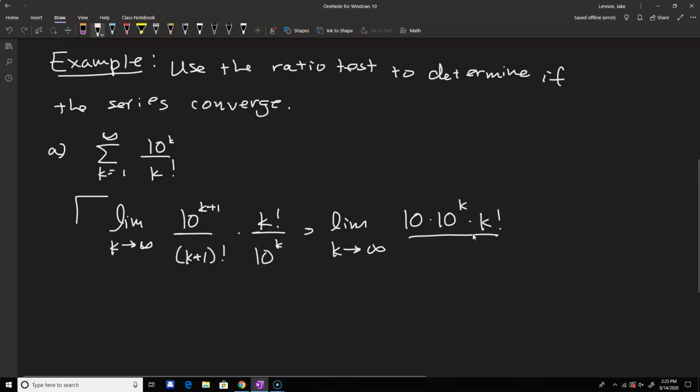And then on the bottom, we're going to have a k plus 1 times a k factorial times a 10 to the k. So basically the 10 to the k's go away, the k factorials go away, and we've just got the limit as k goes to infinity of 10 over k plus 1, which equals 0. So by the ratio test, the series converges.